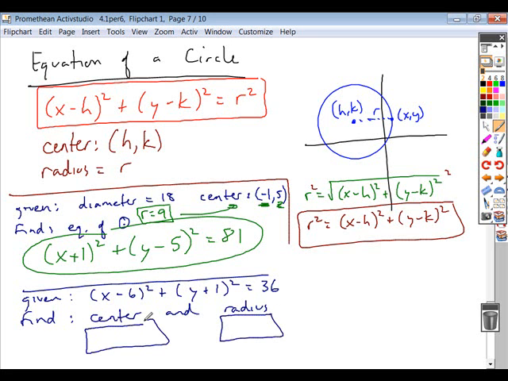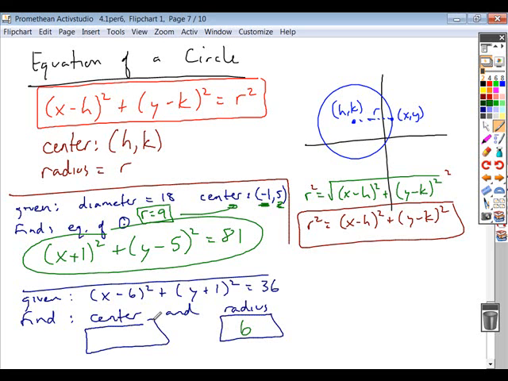Okay, could you do that? Once again, relatively easily. You just have to interpret the equation of a circle, figure out what the pieces mean. Okay, so radius is pretty simple. What's the radius for this circle going to be? The square root of this number, so the square root of 36 is 6.